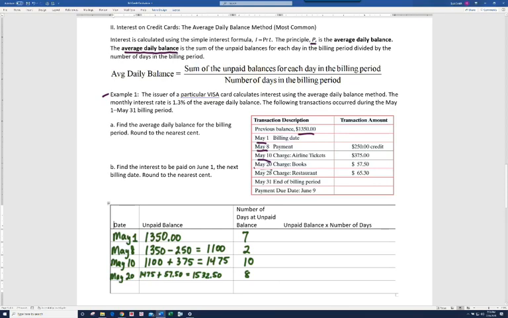All right. So finally, the last activity occurs on May 28th. And notice, on that day, we add another charge. So we're going to take our $1532.50 and add $65.30.